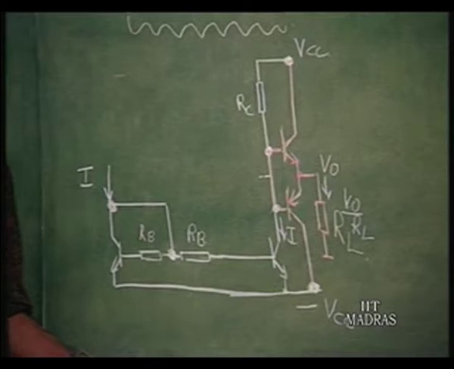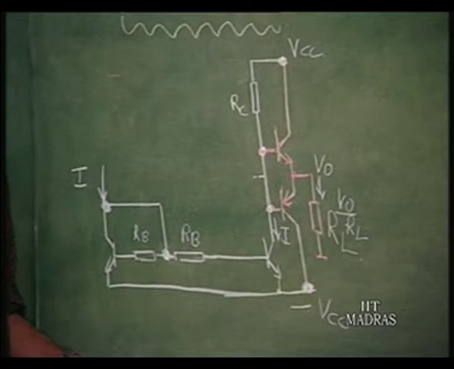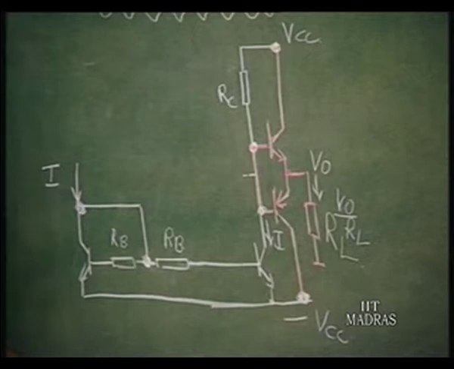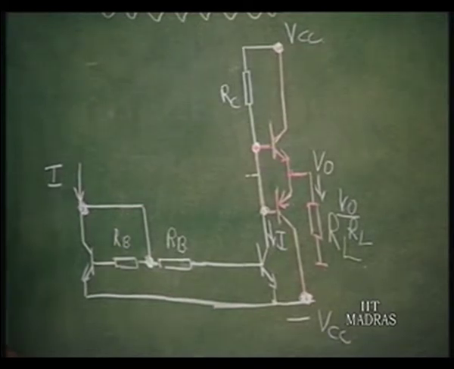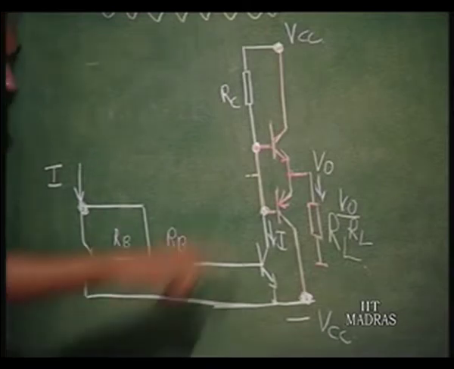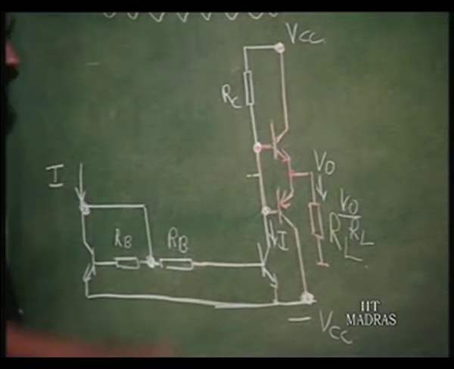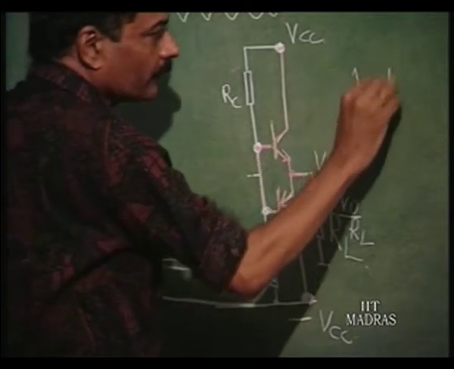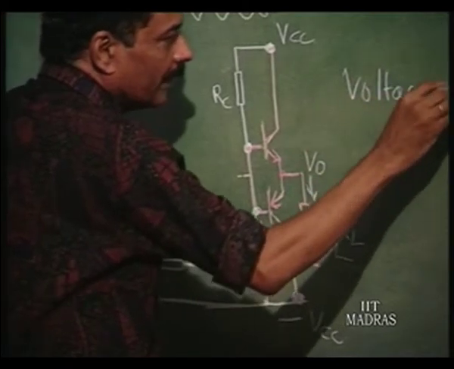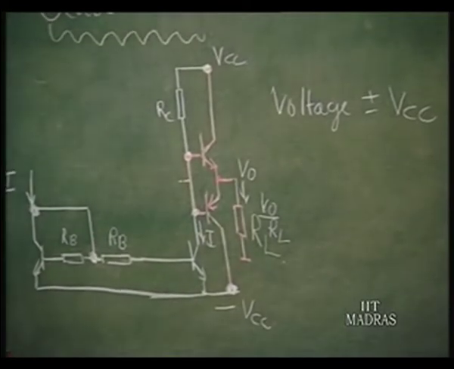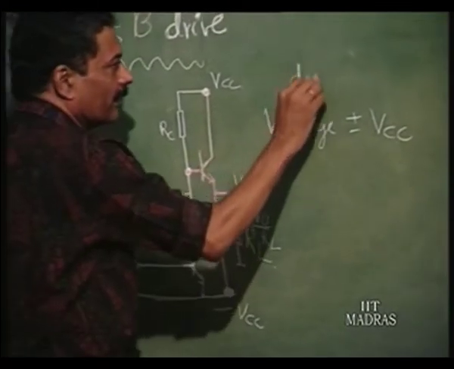We are going to assume that VCC is so large that V gamma can be ignored. So it is essentially VCC on either side. So VCC by RL is the maximum current, that is what we had assumed in derivation of the efficiency also. VCC by RL is the maximum current that is required in this stage, at the output. So voltage swing should be almost the supply voltage itself. This is the driver requirement.